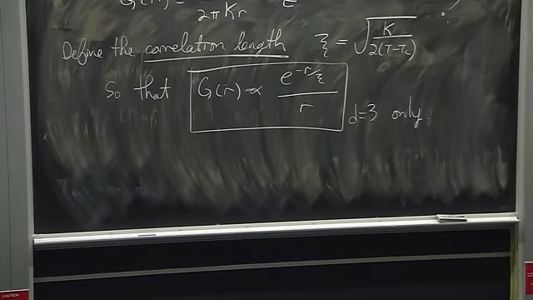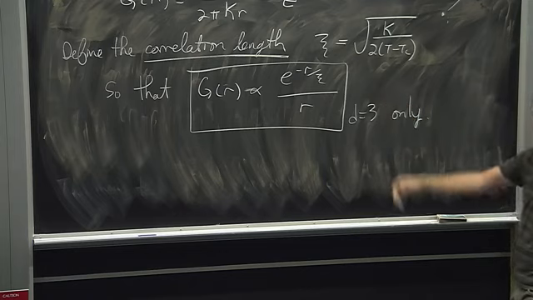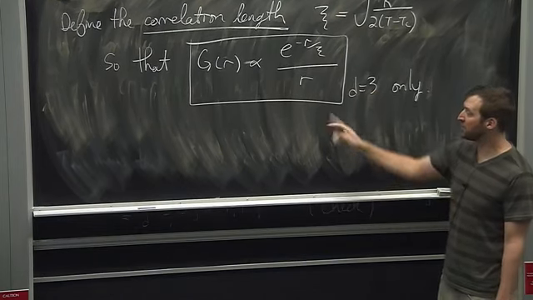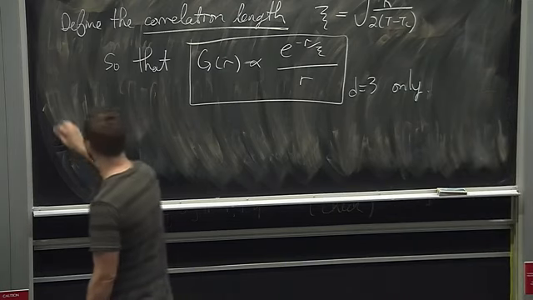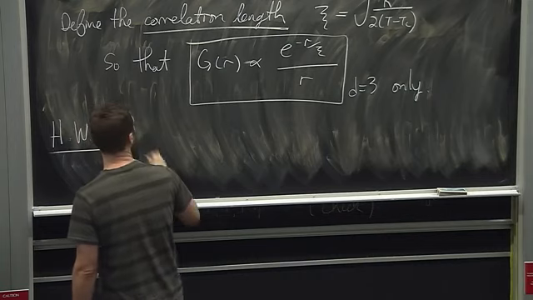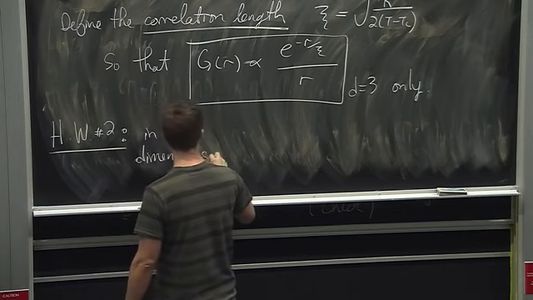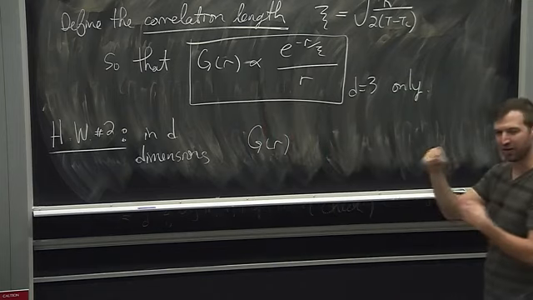When you do the D-dimensional calculation, you're going to have to worry about the dimensional dependence of this expression. But what you'll find, luckily, is that the argument of the exponential doesn't change. The only thing that changes is this piece here. So this is homework 2. In D dimensions, you'll find G of R, where again R is just the distance between the two sites but now in higher dimensional space.